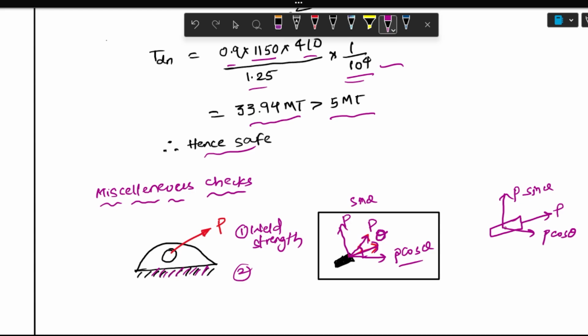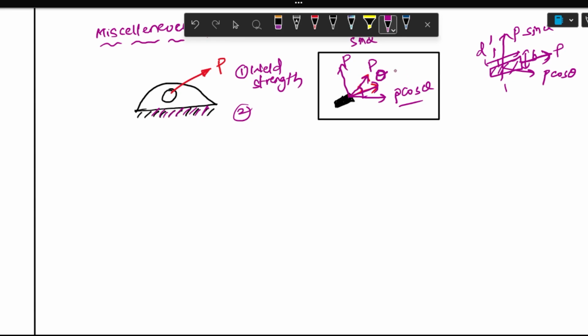Then what will happen? Whenever the load is passing exactly through the axis, this is the major axis of the lug plate. So this is B, and this is D. Let us consider the lug plate in plan.